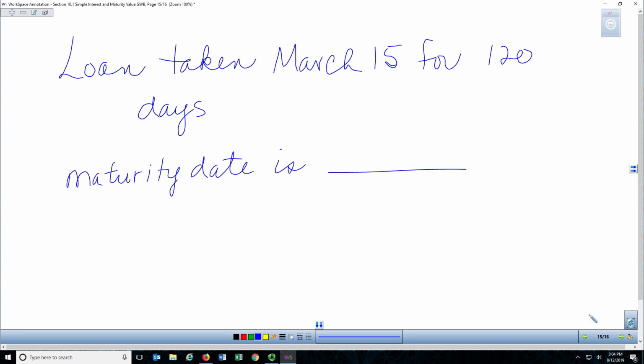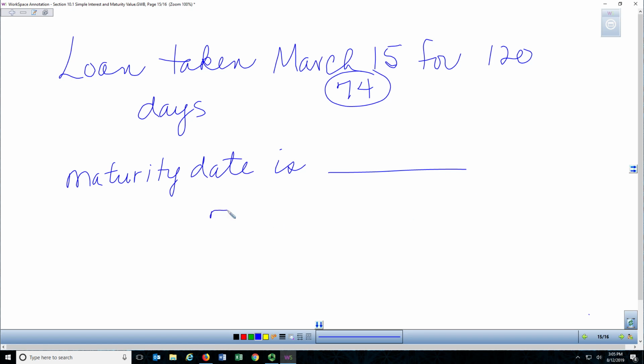Now, if the loan was taken on March 15th for 120 days, we need to use the table of days to find the maturity date, very similar to what we were doing in another section. So I'm going to have to look up March 15th on my table of days, and March 15th is day 74.